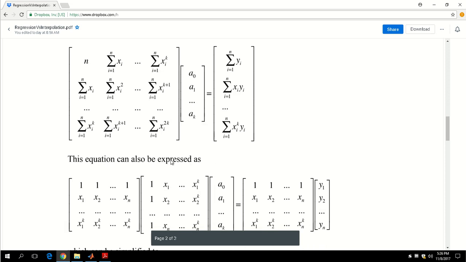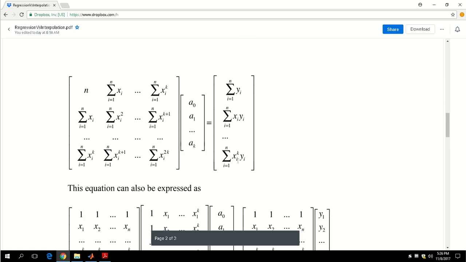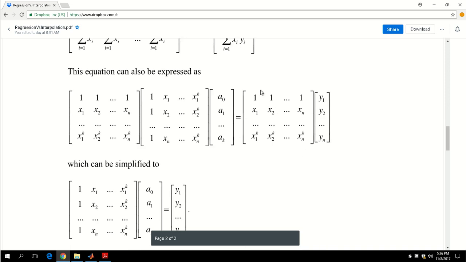Then we can do some simplifications. This matrix can be expressed as this matrix multiplied with this matrix, and this vector can be expressed as this matrix multiplied with this vector.